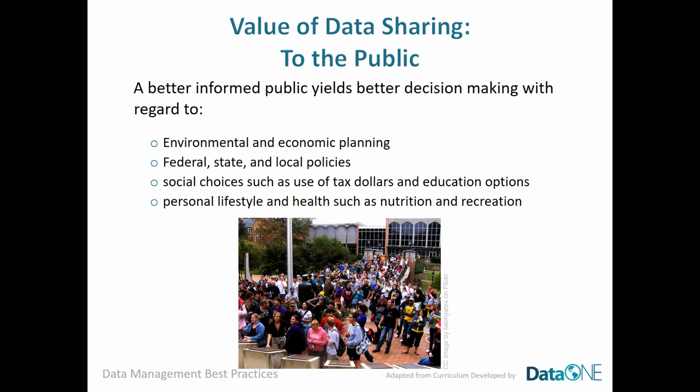Data help inform federal, state, and local policies. And the public can use data to help with social choices, such as who they'll vote for, or how they want to use their tax dollars, and when and where they will send their children to school. It can even help them make personal lifestyle choices and health choices such as exercise, smoking, and nutrition.